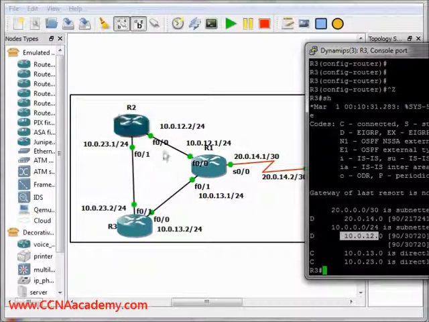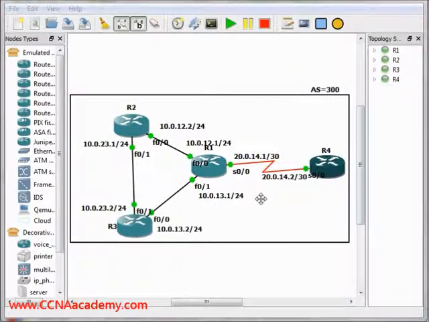So router 3 is able to reach all the networks that exist in this autonomous system. Well, we now can say that all the routers in autonomous system 300 can reach all the networks that exist in autonomous system 300, which is our target in this lab.